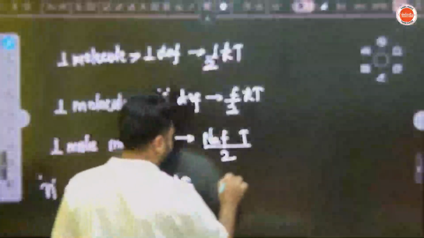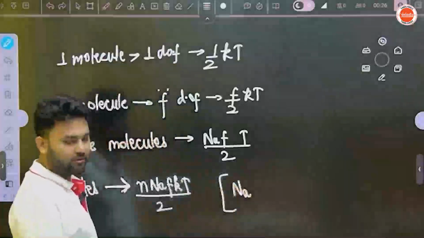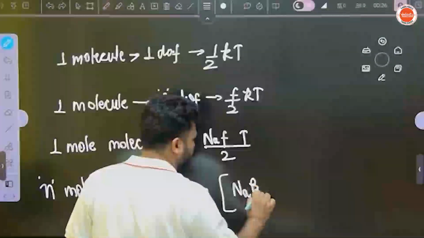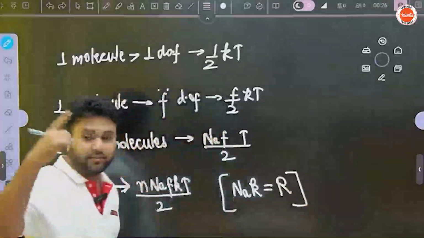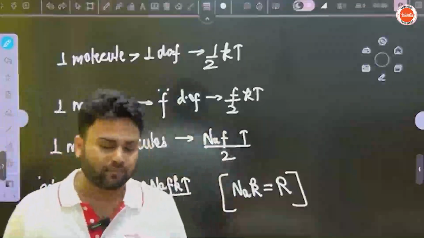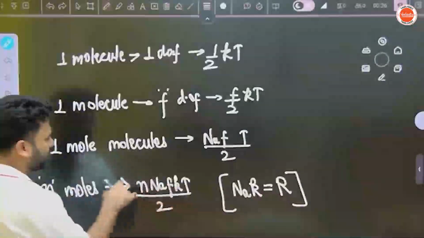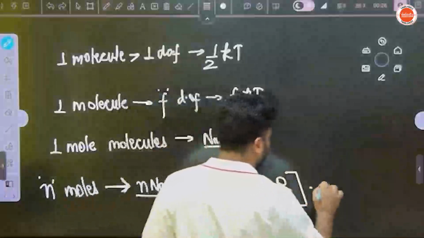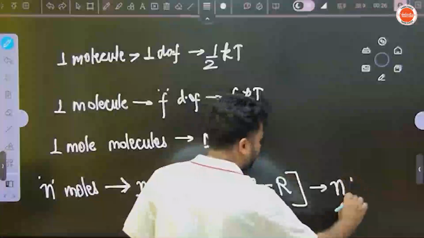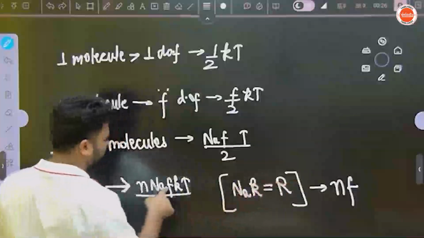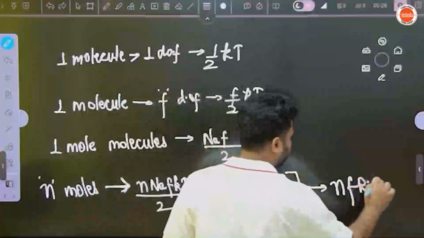Always remember, this Na into k, Avogadro's number multiplied by the Boltzmann constant, is R. R means the gas constant, 8.314. So Na multiplied by k equals R. Means the energy becomes n f R T by 2.